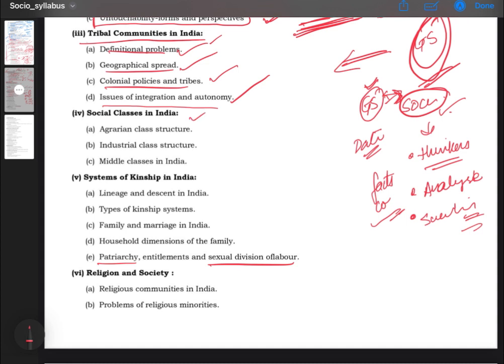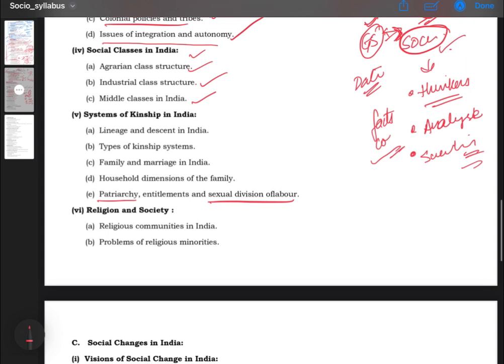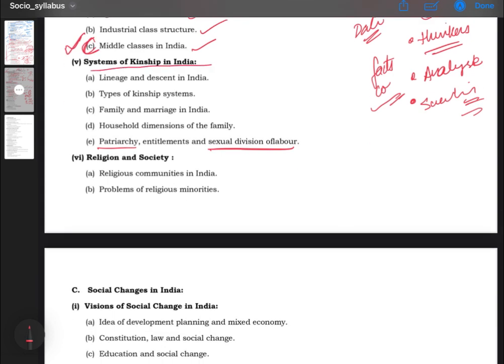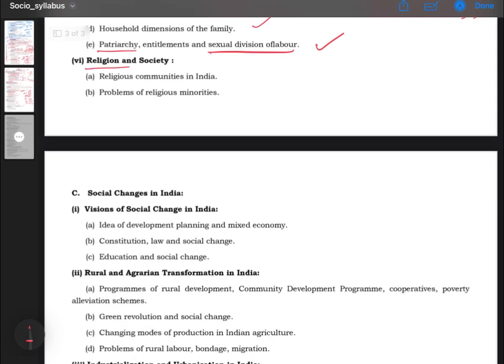Next is social classes in India: agrarian, industrial, middle class. This is a very important topic. Next is systems of kinship in India: lineage and descent, systems of kinship, family, marriage, household. I told you about this earlier. Next is religion and society: different religious communities in India and problems of religious minorities in India.